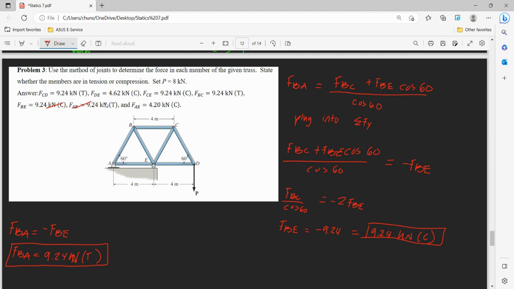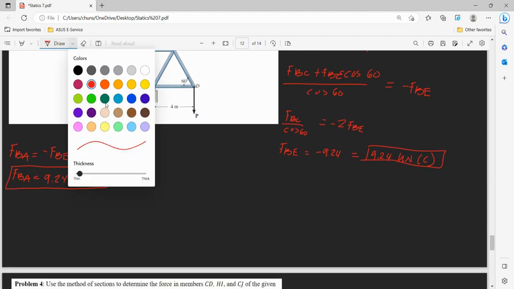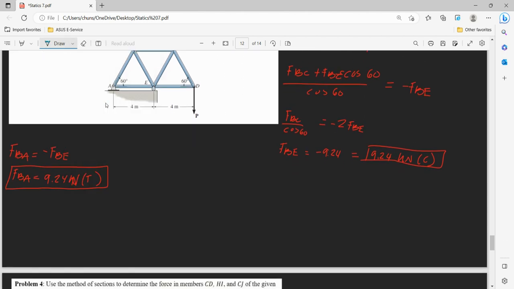And now with pin E, we want to find AE. So we need to find our reaction first for E. So I'm going to use our only external forces about A because we have two reactions there. And this will be EY, and we'd have to go counterclockwise.